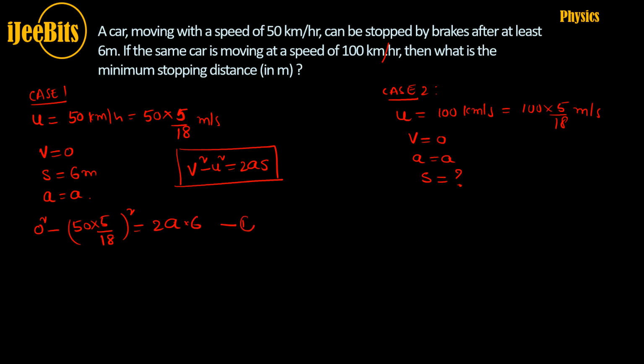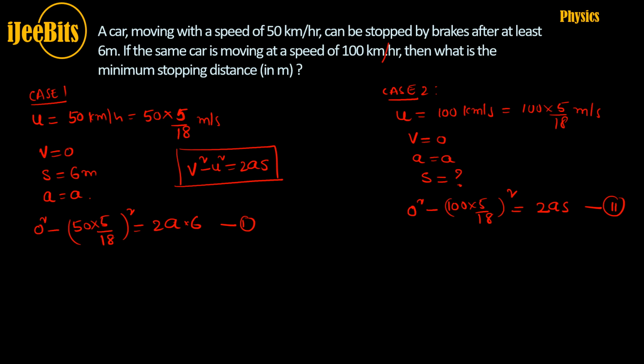Let's say this is equation 1. Now similarly, 0 square minus 100 into 5 by 18 whole square equal to 2as. This is equation 2.